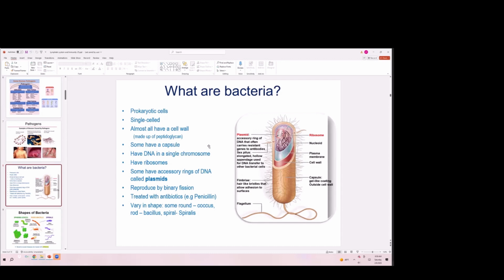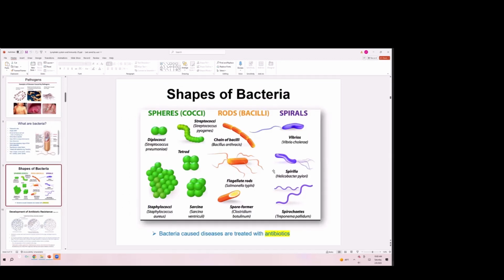Just as a refresh, this is a prototype of a bacteria. It looks almost like a corn dog. Bacteria have different shapes. Let me just put this up first before I go back to that. Some of them can be round and by themselves.